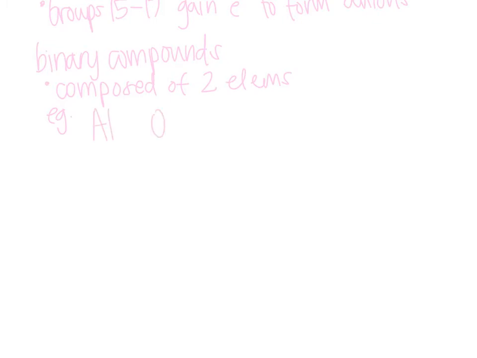If we look at our handy dandy periodic table, we can see that aluminum is in group 3A, so it has a 3 plus charge. And oxygen is in group 6A, which means that it has a 2 negative charge. And if we do the crisscross method, we can get the compound Al2O3, or O3, oxygen 3.